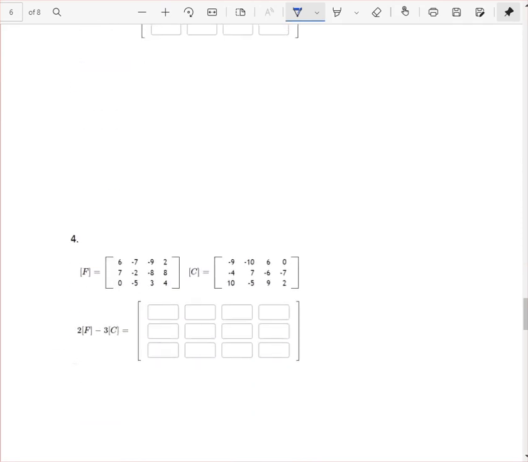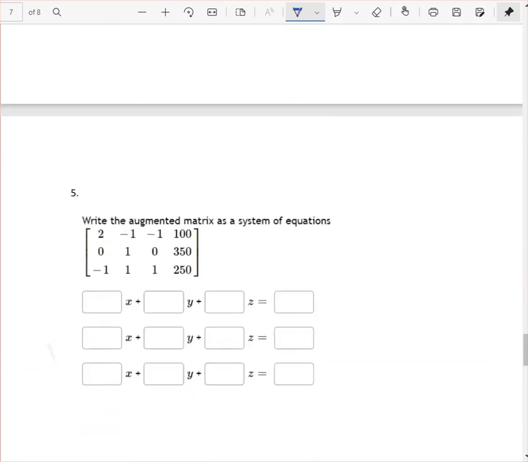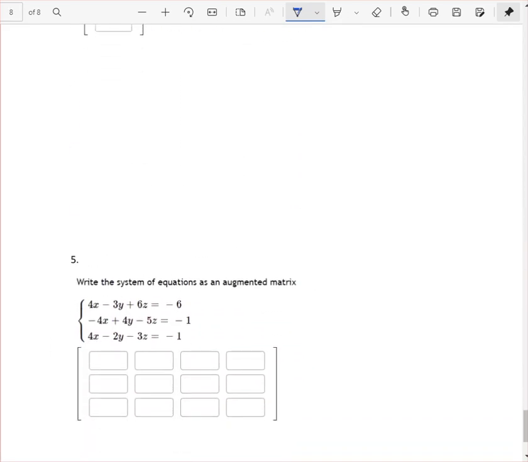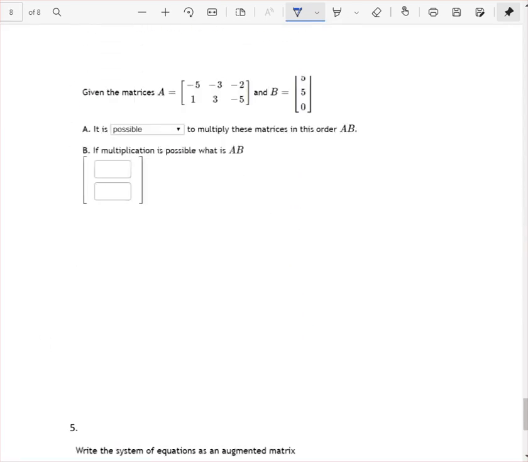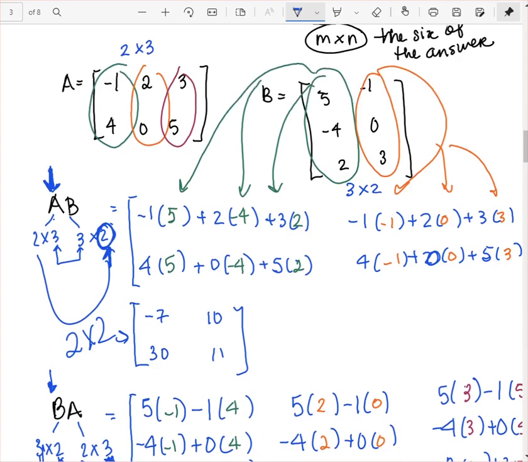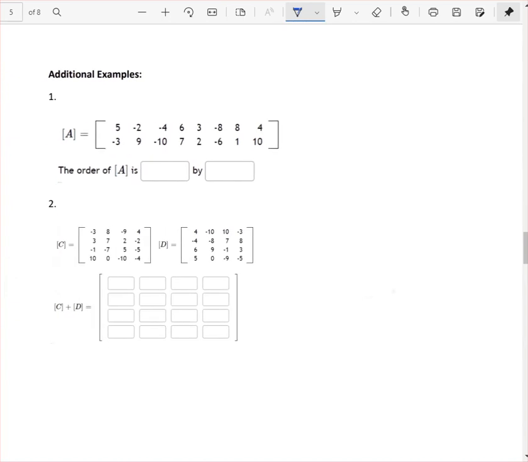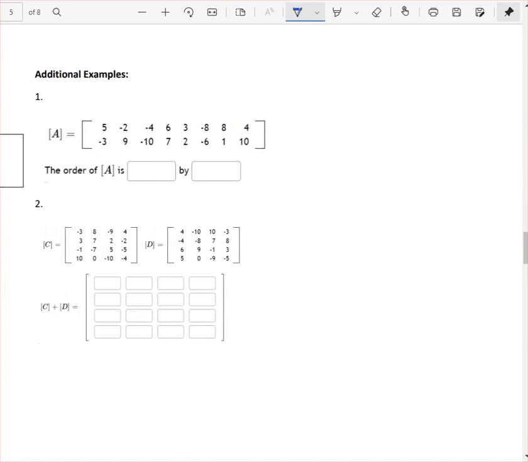So these are good practice. I know I don't have the answers for them here. So maybe I should work on some of these with you because I don't think I put them in the worked out notes. So let's just work on some of them here so that you have the answers. So never mind, we're not leaving yet.